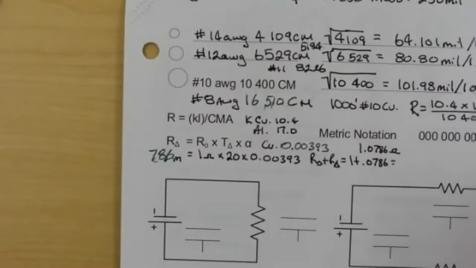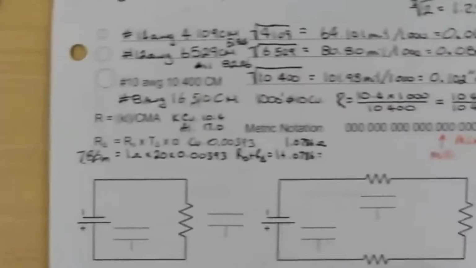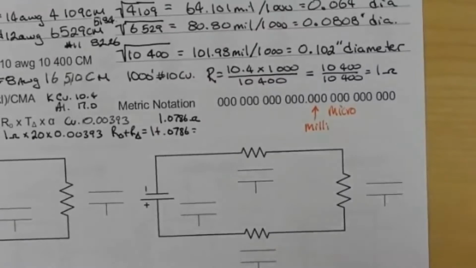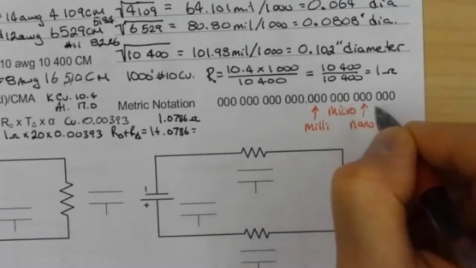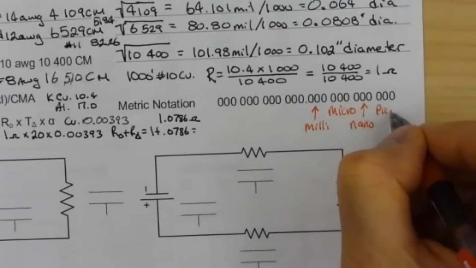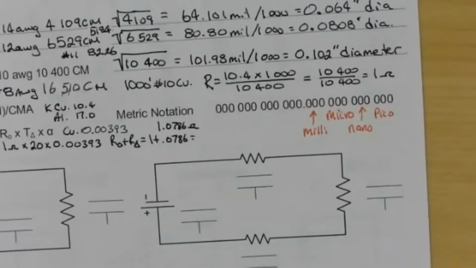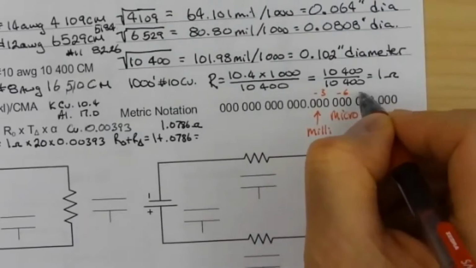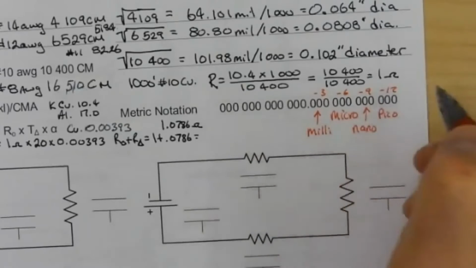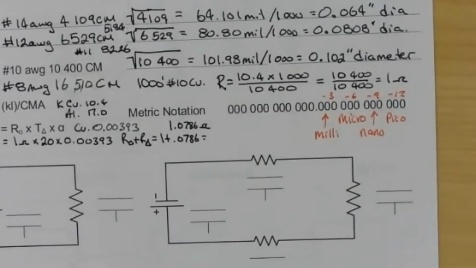These ones here are micro. Nano is here, and pico is there. So this is -3, -6, -9, -12. And so we're going to be using that.